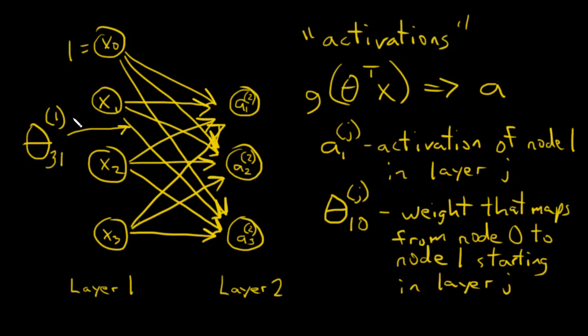And so with that notation, I'm going to attempt to draw a much more complicated neural network. Wish me luck. We're going to have x0, x1, x2, and x sub 3.